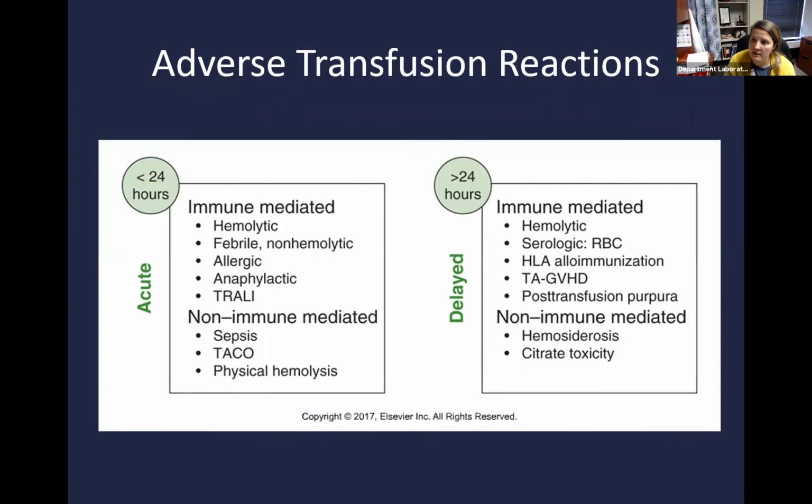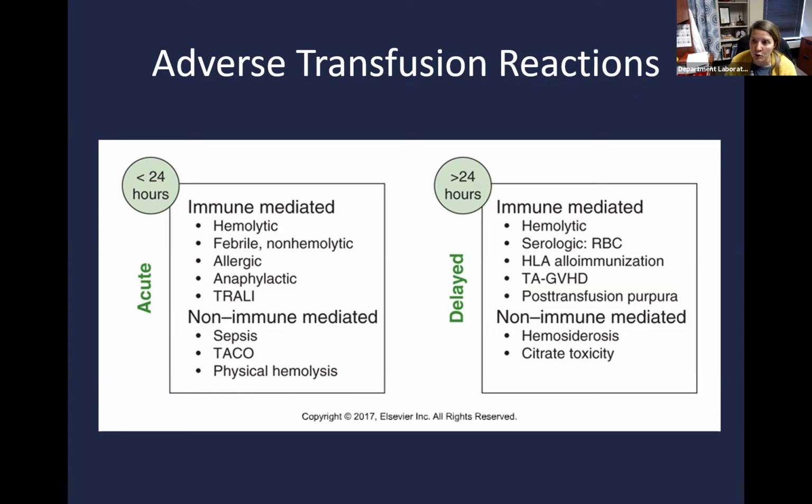Right, so here's the difference between an acute and delayed reaction. Remember, symptoms of an acute transfusion reaction usually occur at the very start of that transfusion or sometime during that transfusion, versus a delayed transfusion reaction occurs greater than 24 hours later. And some examples of acute would be a hemolytic immune transfusion reaction, a febrile non-hemolytic, allergic versus anaphylactic, and then TRALI.